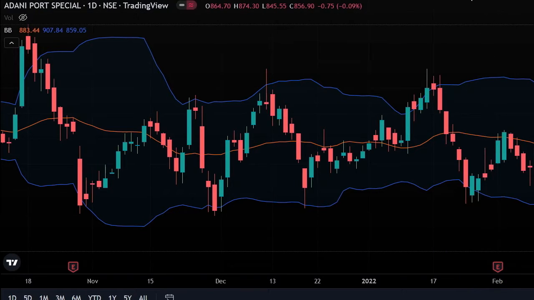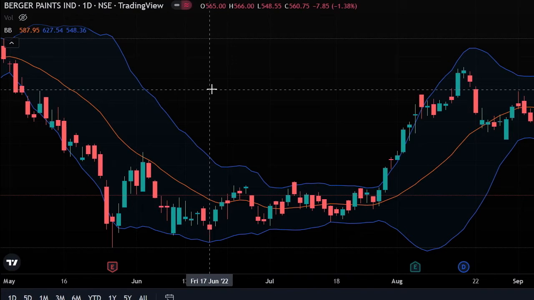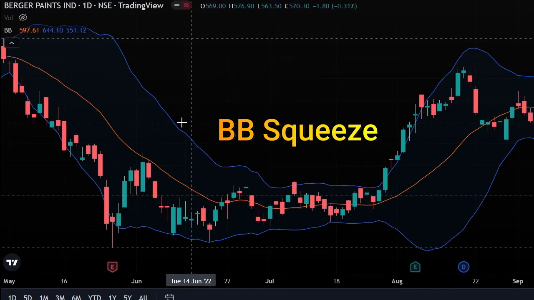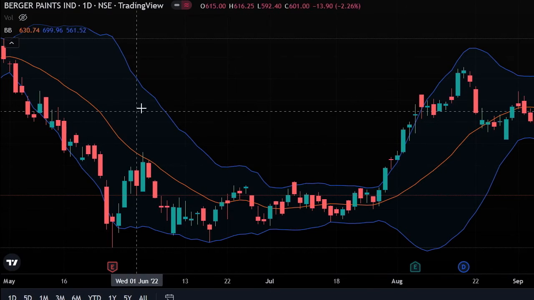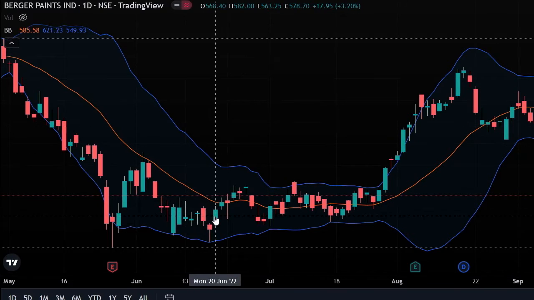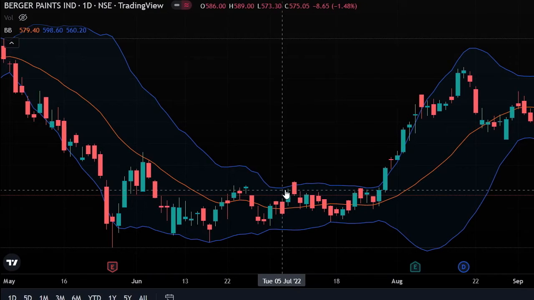Now we will talk about Bollinger Band squeeze. What does this exactly mean? If you see the chart carefully, you can see that the distance between upper band and lower band is high, but it is continuously decreasing, and the distance between upper band and lower band has shrunk too much as compared to the previous candles.